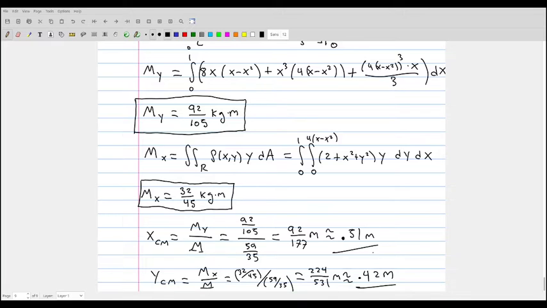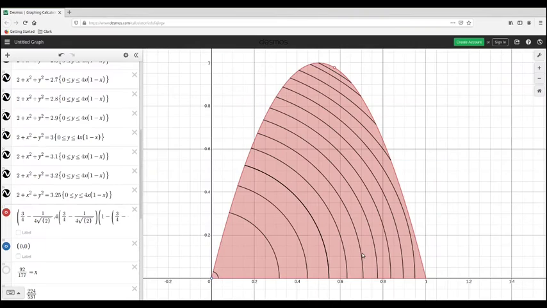And if we look at the plot of this region with the level curves from before, we'll see that we can plot out these two points.